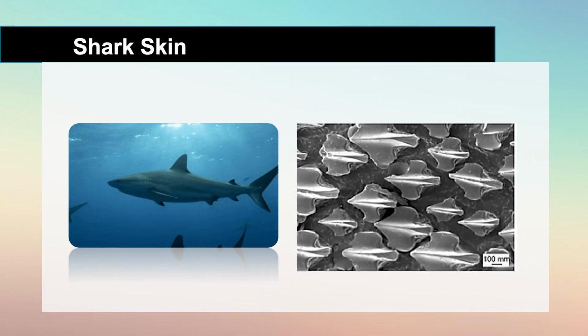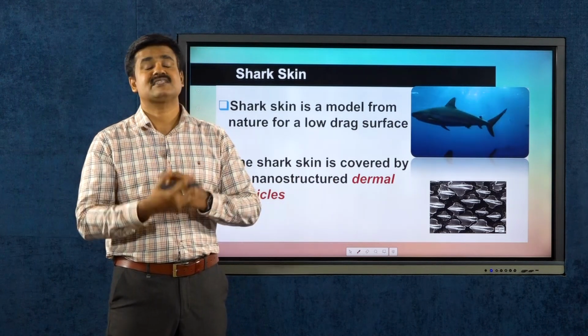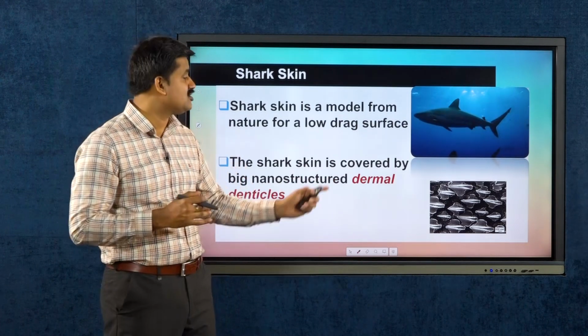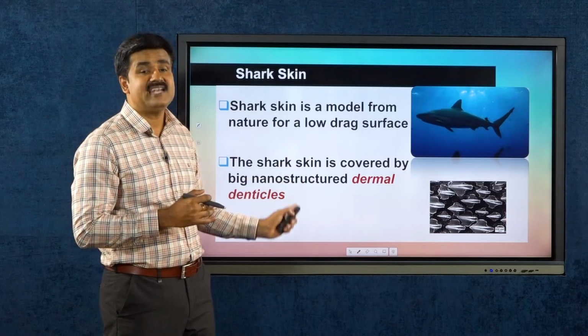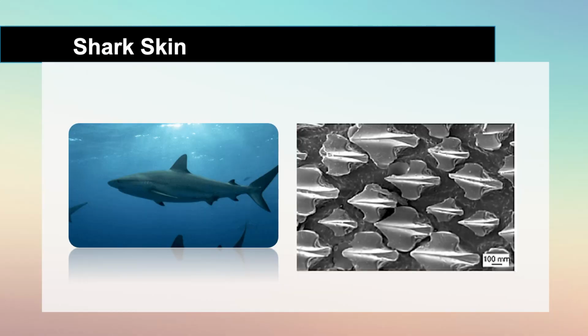On analysis of the skin of the shark, we can arrive at the conclusion that its skin is also covered with big nanostructured arrangements, and those arrangements are called dermal denticles. This is clear from the same image shown here, and the presence of these dermal denticles causes the easy movement of that organism through water.